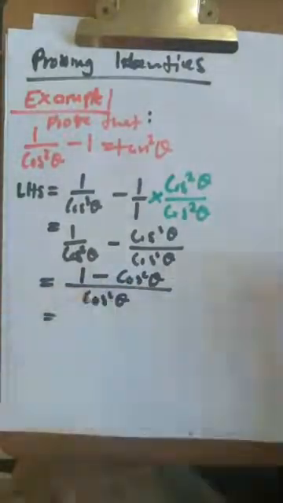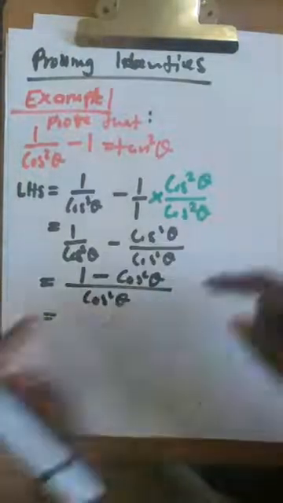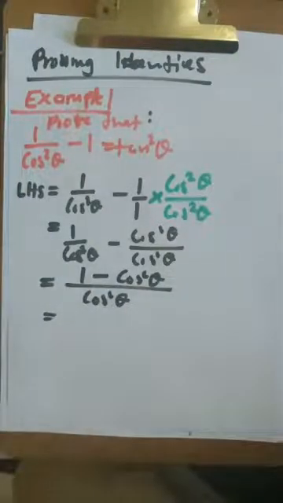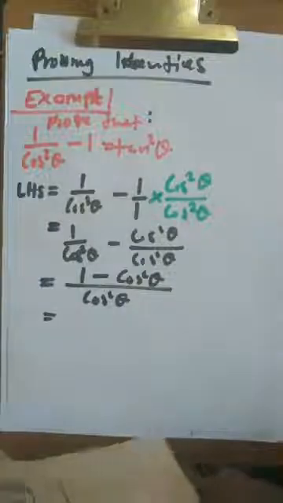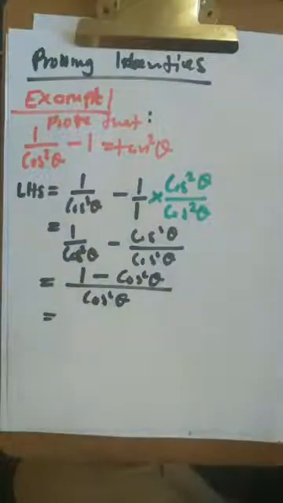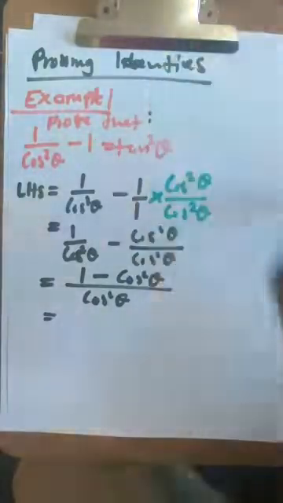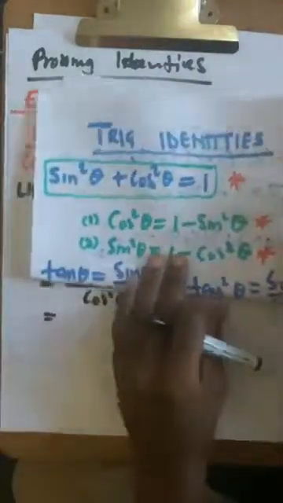Then we simplify. We have 1 minus cos squared theta, and we use the identity that 1 minus cos squared theta is sin squared theta.